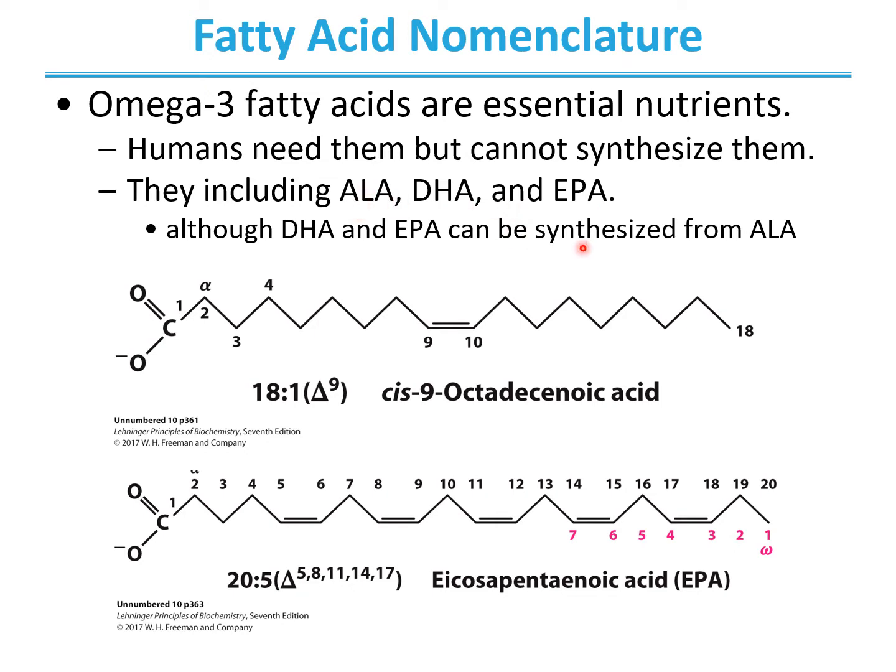These are two examples, a monounsaturated and a polyunsaturated. EPA has 5 double bonds, and as you can see in the omega numbering, we find the first double bond at the 3rd carbon from the omega end, i.e. the methyl end. So this is an omega-3 type fatty acid, compared to this one, which is an omega-9.